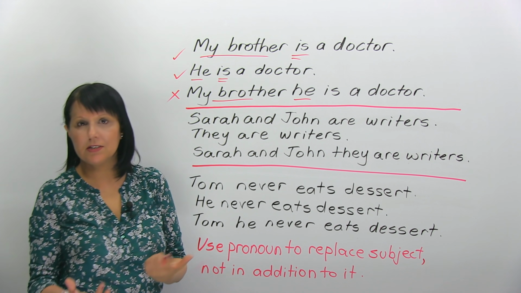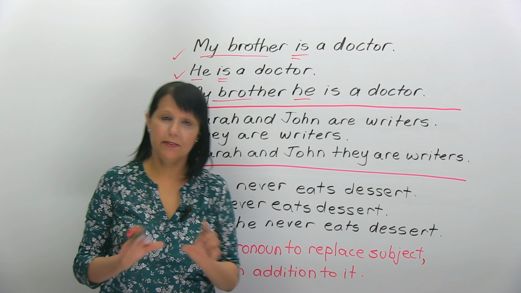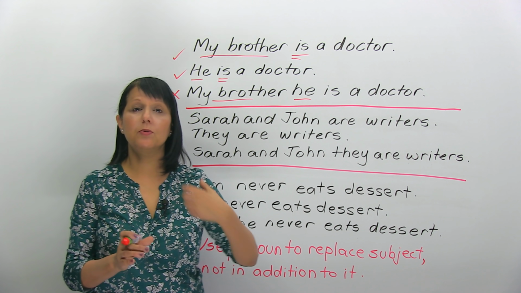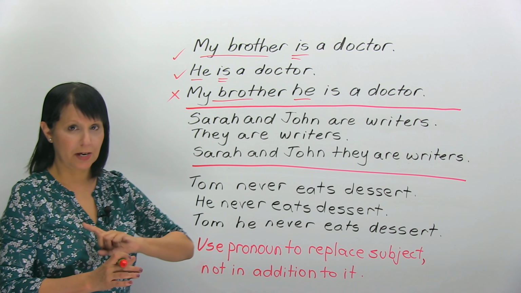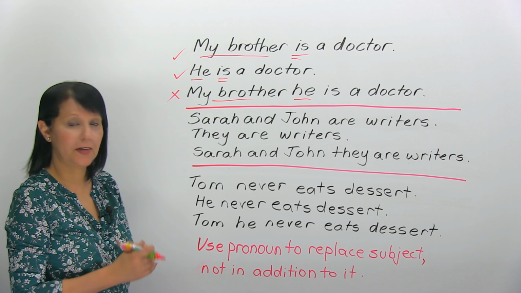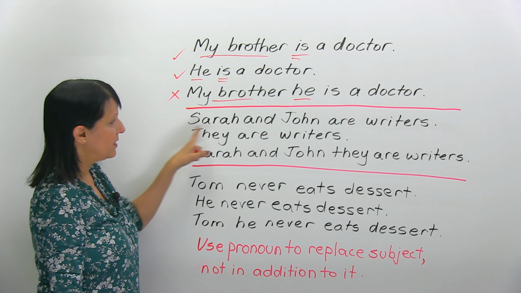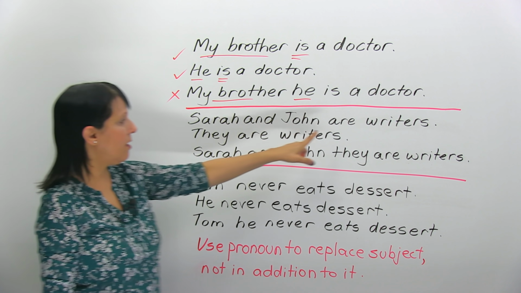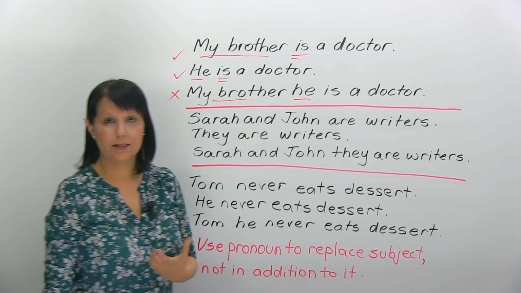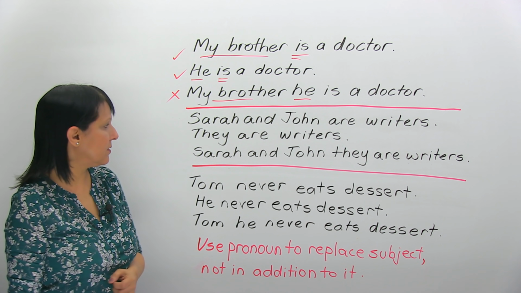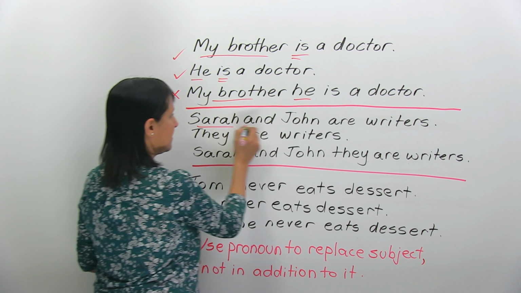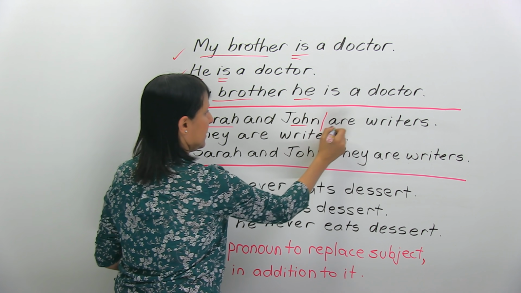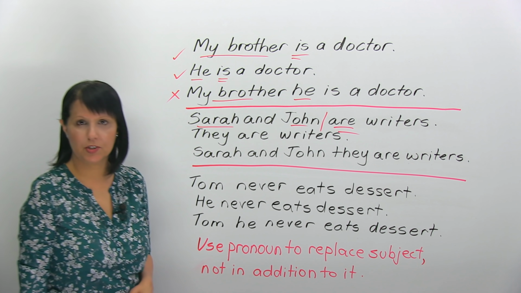Okay, now here we had one subject, but it doesn't matter. Sometimes in an English sentence, we have more than one subject, and that's okay as long as we don't repeat them in the pronouns. Let's look at an example of that. So here we have Sarah and John are writers, okay? So what's the subject here? So it's this whole thing, Sarah, John, right? And then we have are, which is the verb.